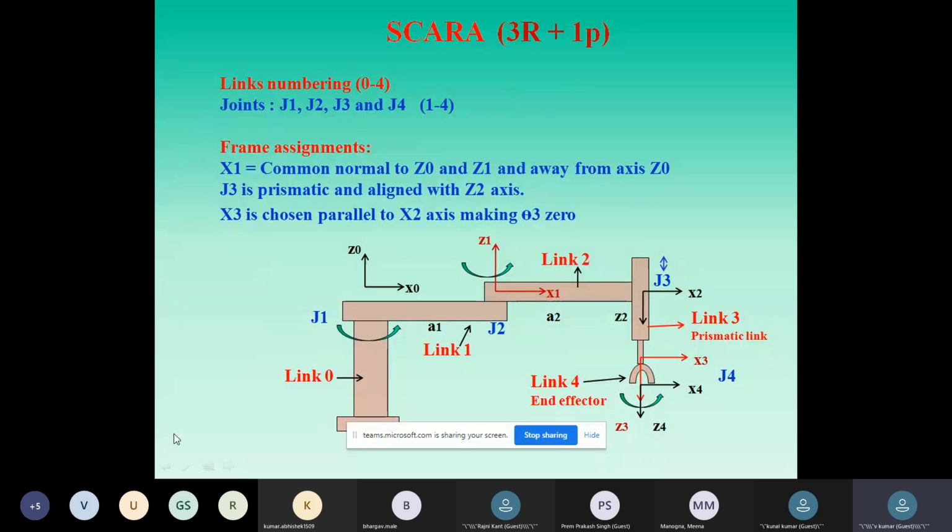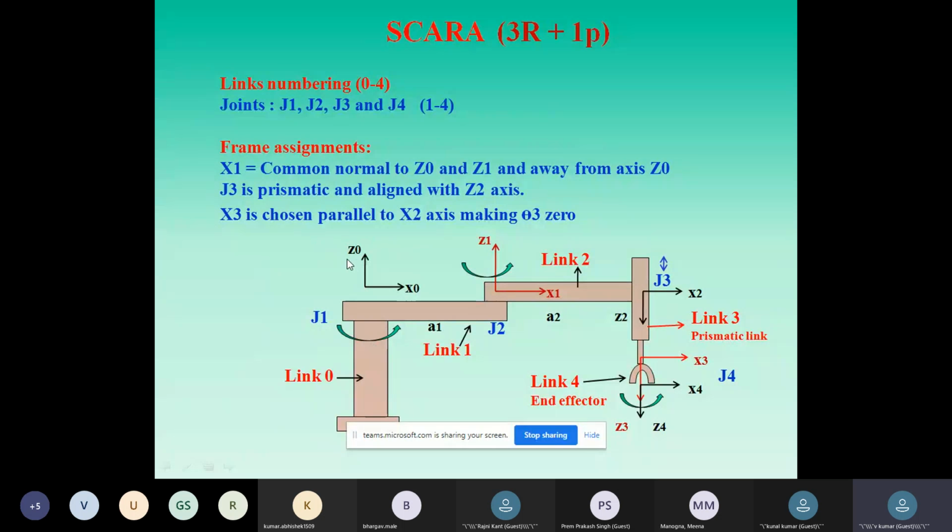Where will our frame 1 be attached? Frame 1 will be attached at the end point of link 1. So we attach here, for simplicity. For link 2, here, X2, Y2, Z2. Similarly, come to the joints.